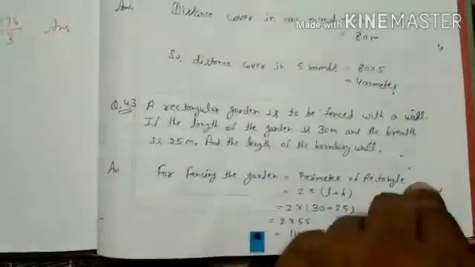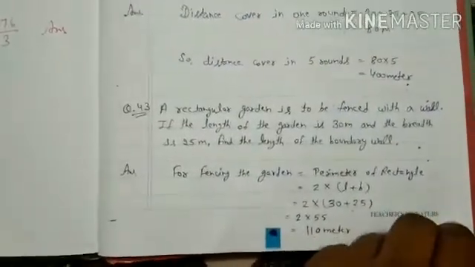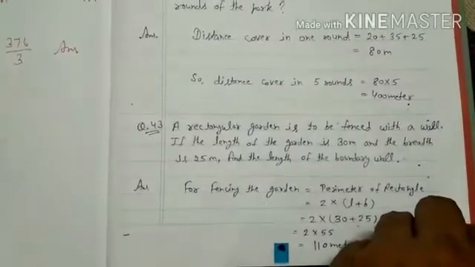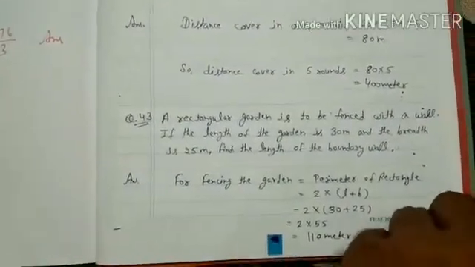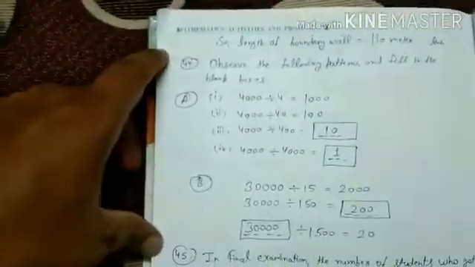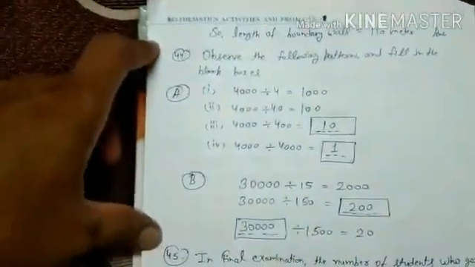So now fencing length is 110 meter, but we need to find the length of the boundary wall. You know, fencing is always done on the boundary, that's why the length of the boundary wall is also 110 meter. So students, let's go for the next problem, that is problem number 44.